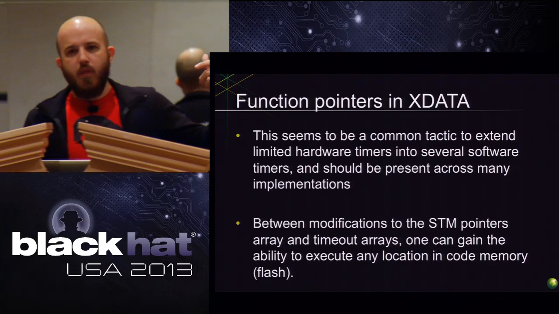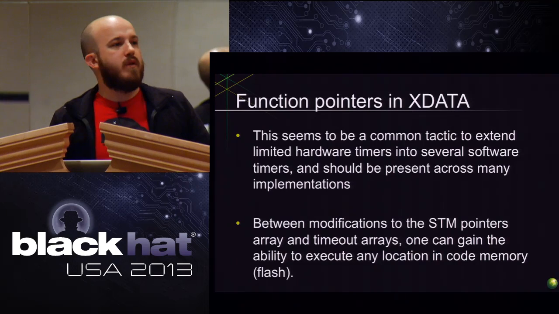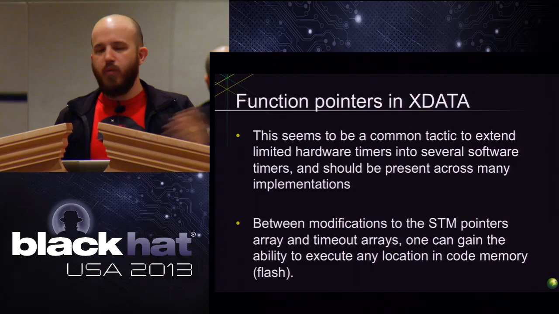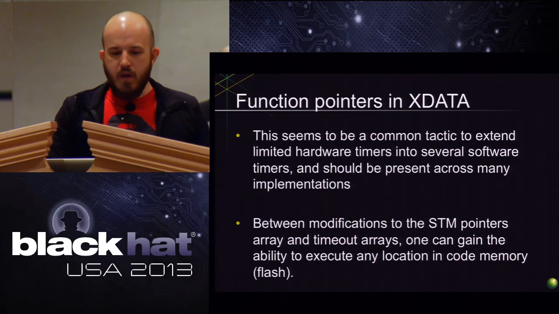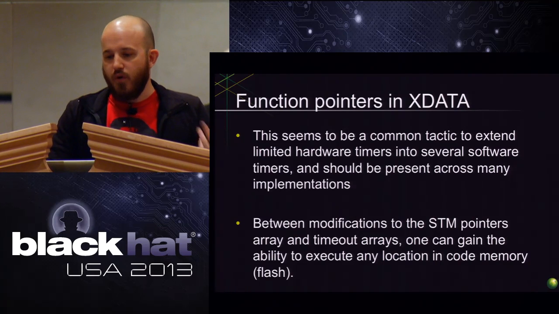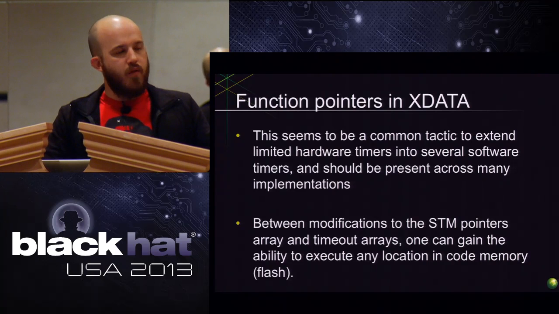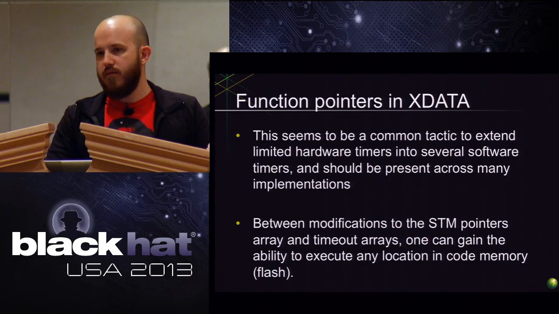But you may need more than 4, so their library implements software timers on top of those. It takes one hardware timer and multiplexes it out to like 8 or 16. Ultimately, that means there are arrays sitting in memory that contain function pointers, and another array next to it that contains how many cycles to run in between when each should fire.